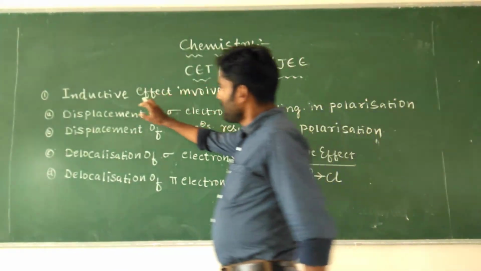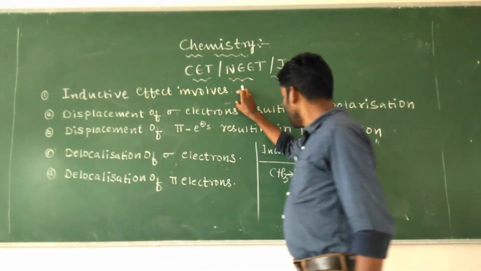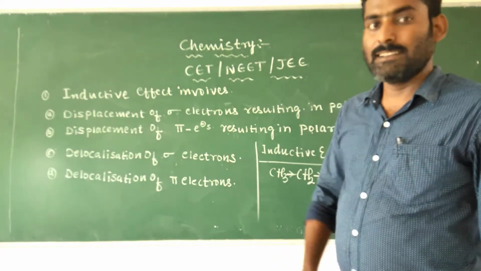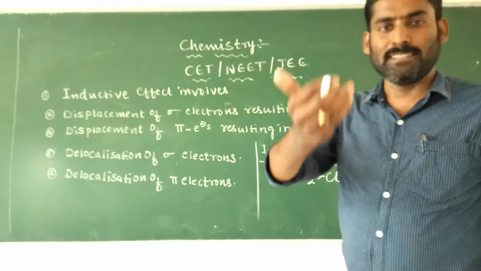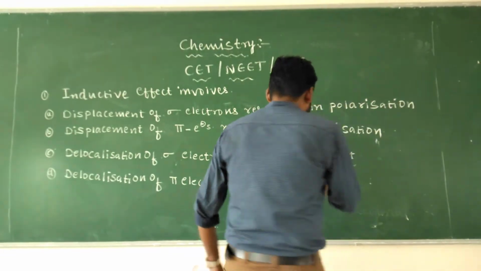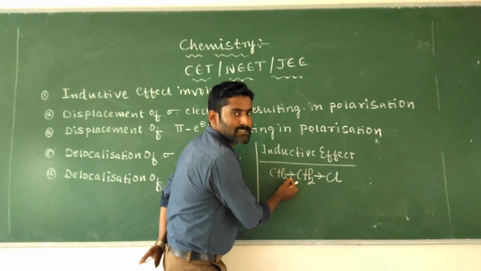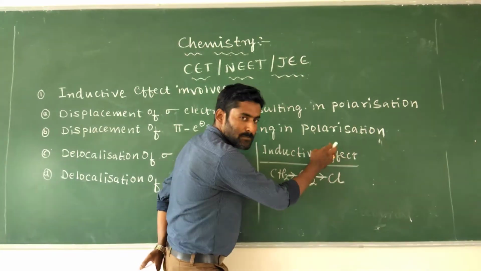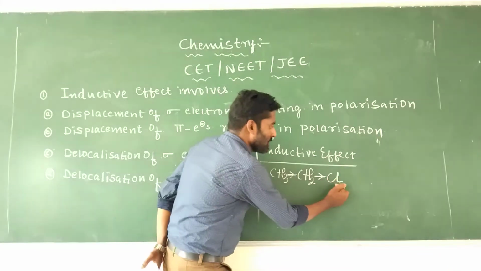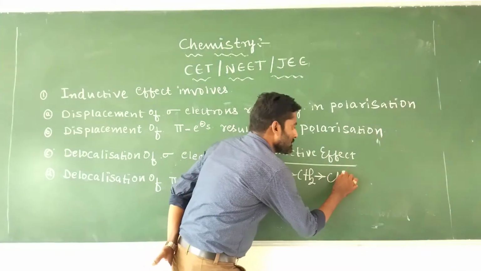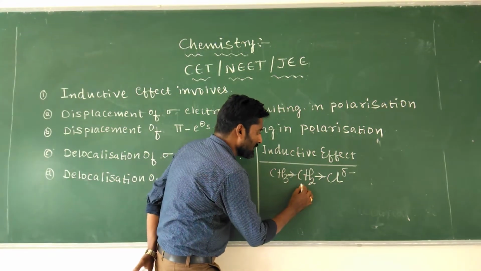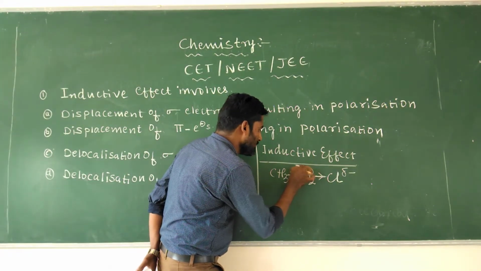So inductive effect involves displacement of sigma electrons resulting in polarization. Whenever the sigma electrons are displaced towards the most electronegative atom, that is the chlorine atom, the chlorine atom becomes partially negative and the carbon atoms become partially positive.